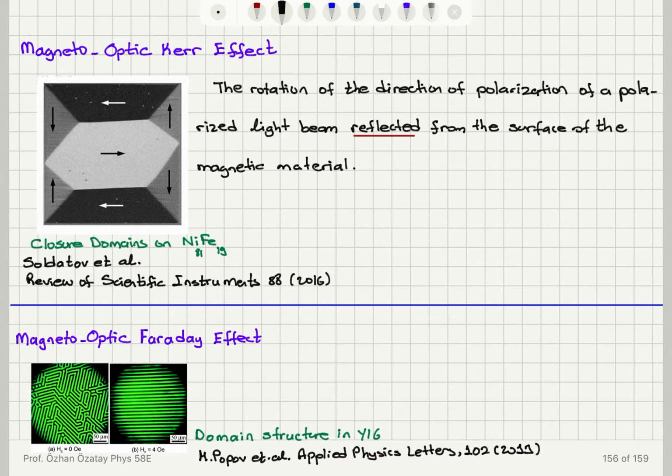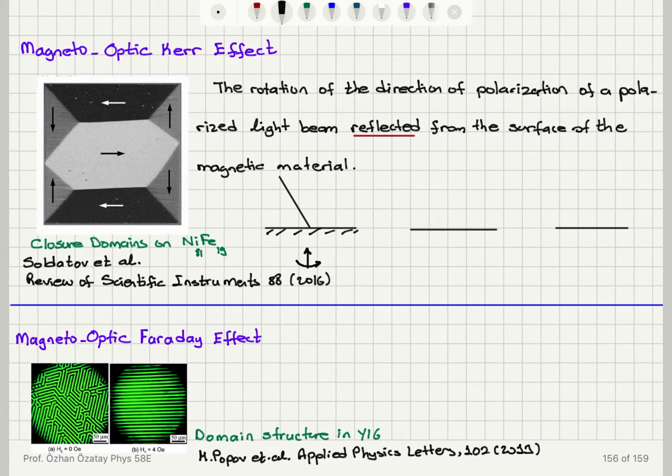So we have three possible scenarios depending on the direction of magnetization. This is our surface, and let's say that it is magnetized perpendicular to the surface. So that's our easy axis. That means the rotation in the polarization direction will be determined by the right-hand rule. So it will be rotated like this.